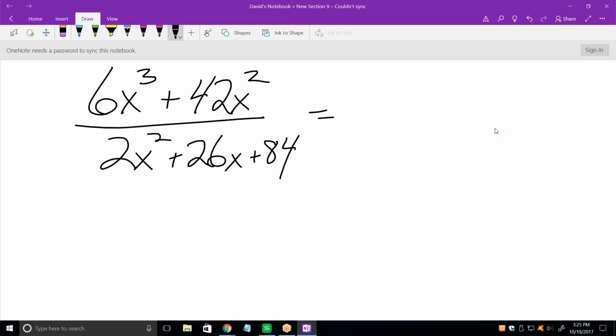What's the first thing we want to look at? The top. What do we want to do to the top? Factor. How should I rewrite the top? Should you do 6x, or is it just 6x, times what? What would I have to put in there so that it's equal to what I started with? What's the first term got to be?